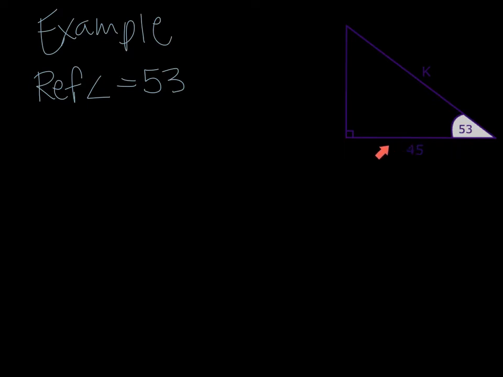So I see adjacent side is equal to 45. Lastly, I need to know the hypotenuse. And here my hypotenuse is k, which is our variable.